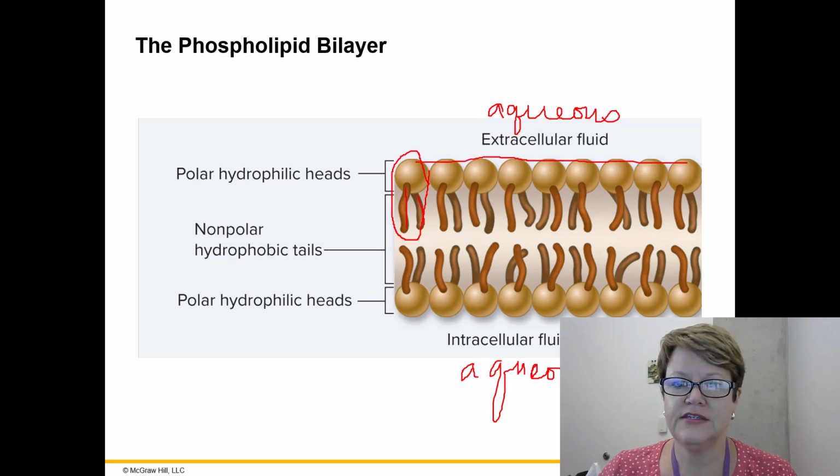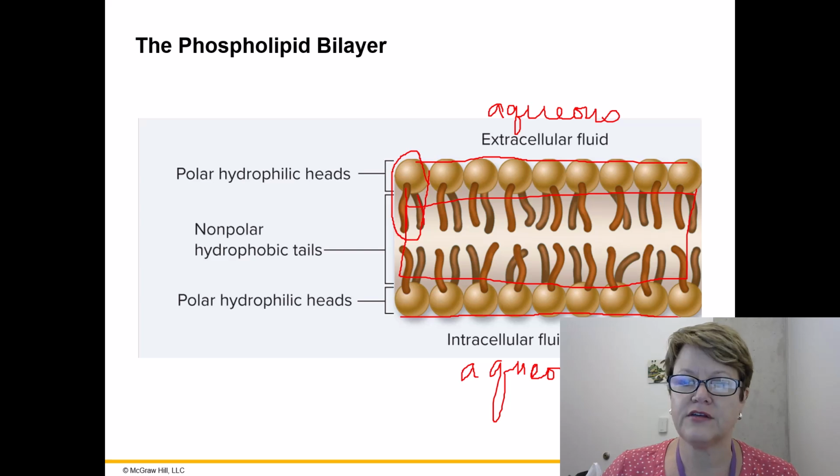The heads of these phospholipids on this layer will interact with the water here, and then all of these tails are hiding in the middle here. They don't have to interact with the water, and that's what is very stable for them because they are hydrophobic.